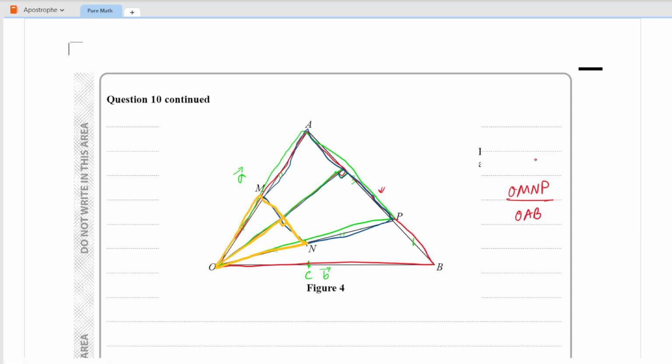This is A. How do I know this is a trapezium? Because there's a proof in triangles. If you have the midpoint of this side, and the midpoint of this side, then this line is parallel to this line and half of it. So if this is x, this is x over 2.